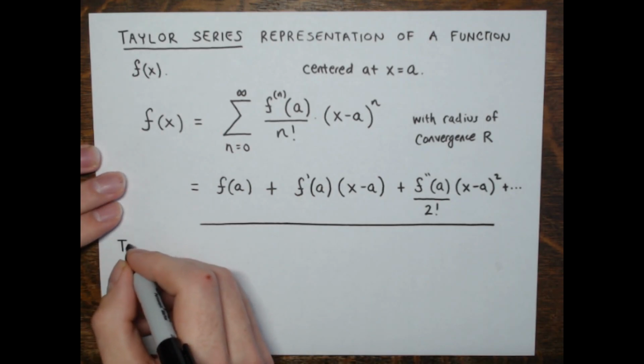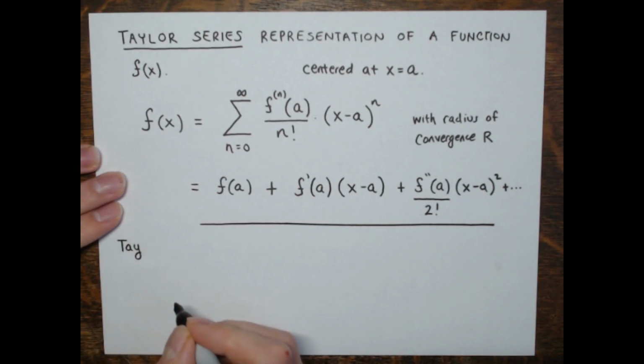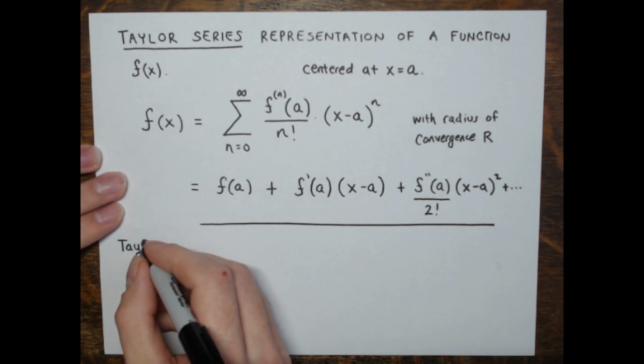Now, a Taylor polynomial, in the title of this objective here, we see, find a Taylor or Maclaurin polynomial for a function.